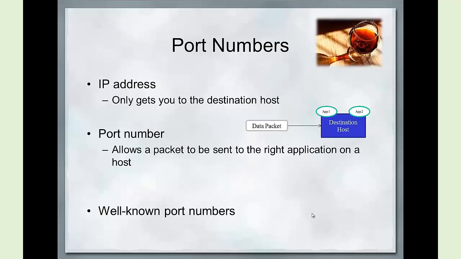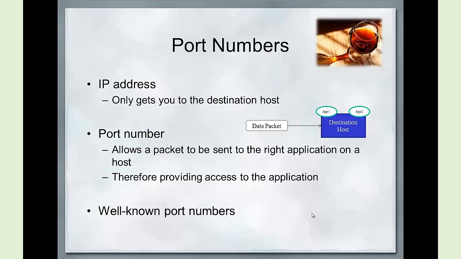So a port number allows a packet to be sent to the right application on a host, and this is what provides access to the application in terms of a remote user. So if you're a hacker trying to attack an application running on a remote host, you really have to have access to these port numbers or the port.